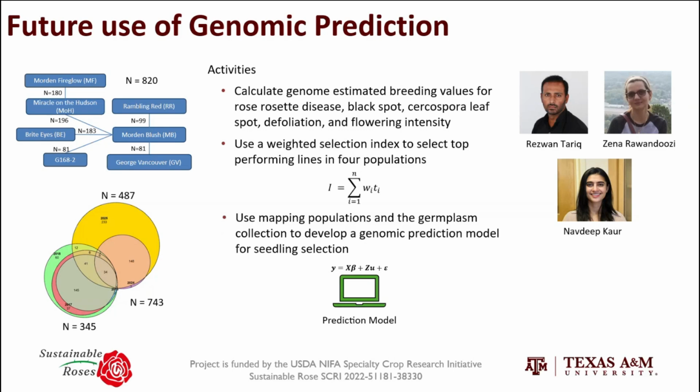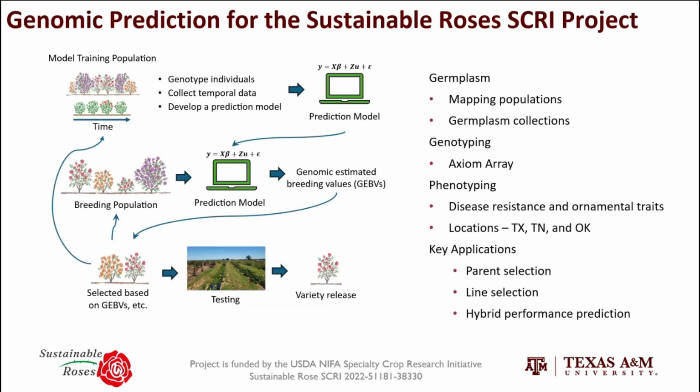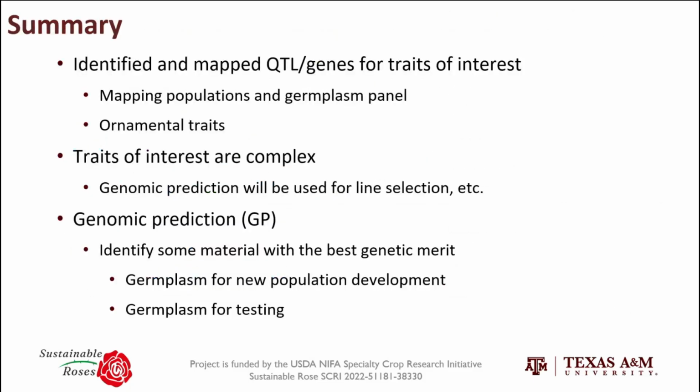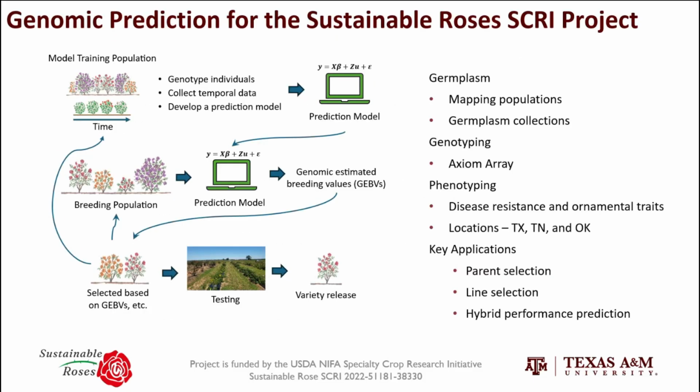So we need to build what's called a training population that I show in the next example here. So we need to build this guy here, which will be composed of specific varieties, not all of them. We may or may not have rose species in there. We may or may not have mapping population parents or members, but it'll be the optimal population that generates a prediction model that is robust to predict down the line that would have high accuracy for the traits that you're trying to predict.